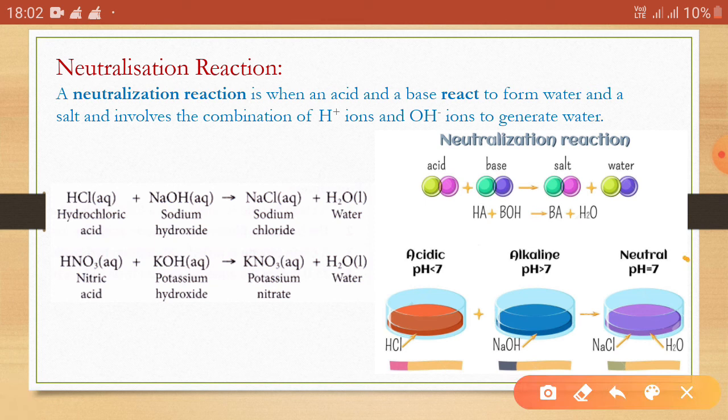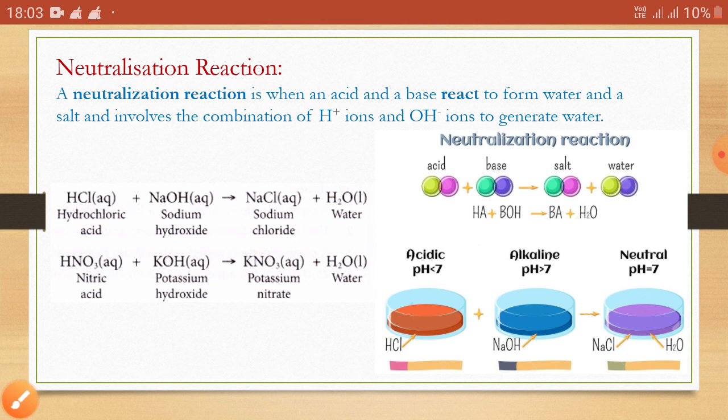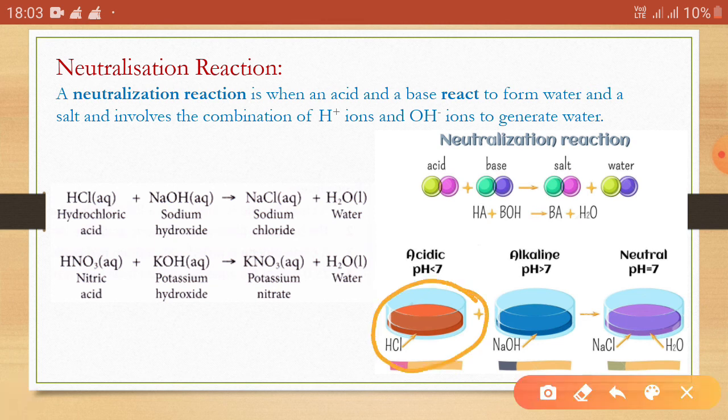We are taking the simple examples again. We know when the pH value is greater than 7, it is known as alkaline, less than 7 it is known as acidic, and when the pH value is equal to 7, then it is known as neutral. So HCl is the acid, its pH value is less than 7. NaOH, sodium hydroxide, its pH value is greater than 7, so it is known as alkaline.